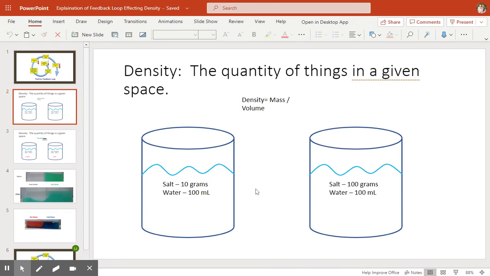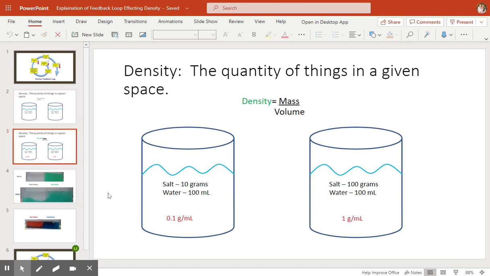Now, all we have to do is figure out which one has a higher density. Well, all we got to do is divide 10 divided by 100 or divide 100 by 100. And when we do this, this one has 0.1 grams per milliliter and this one has 1 gram per milliliter. So this is the density right here.